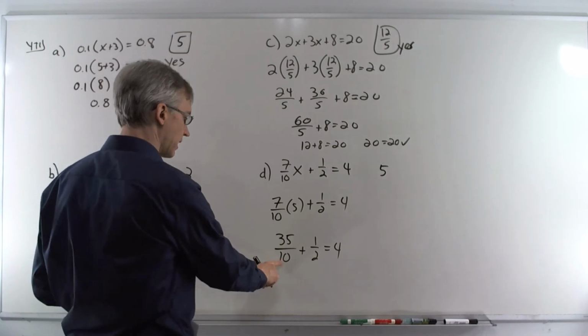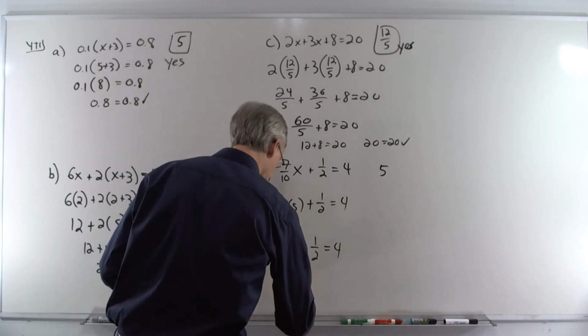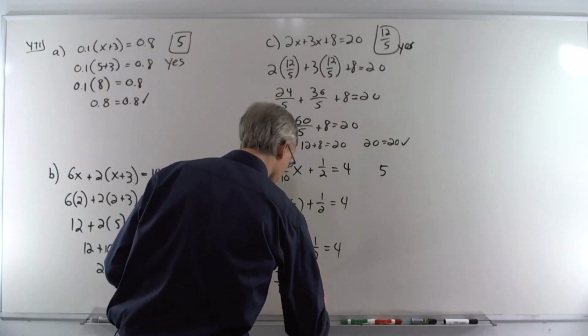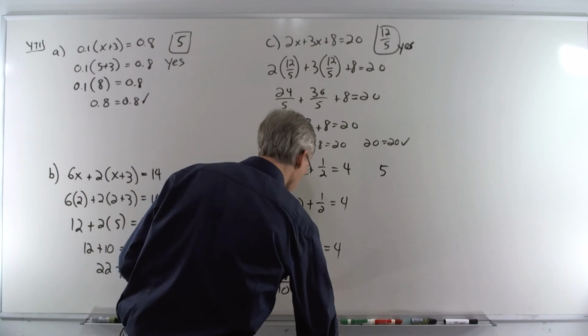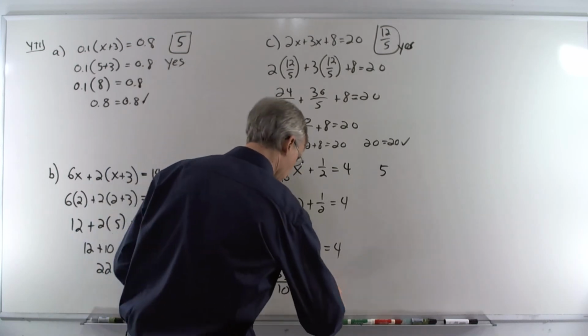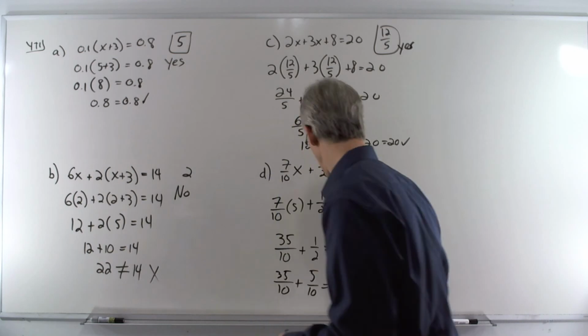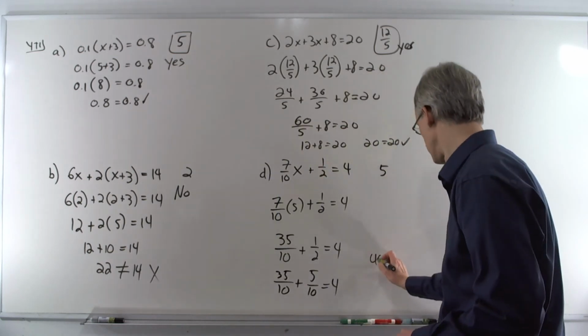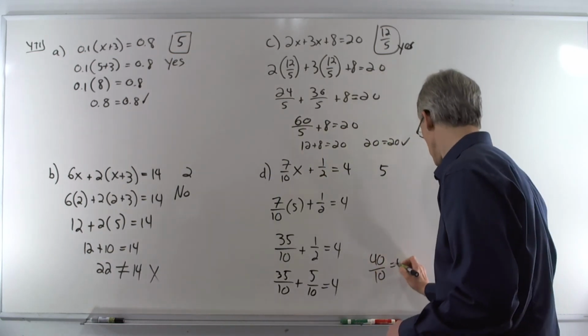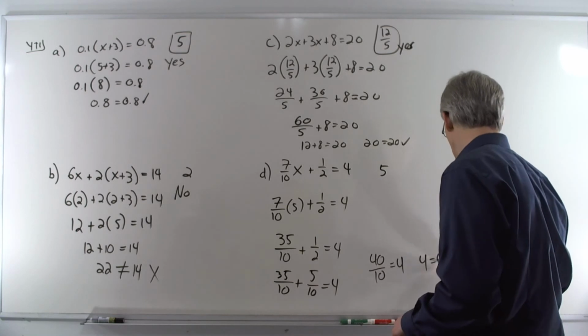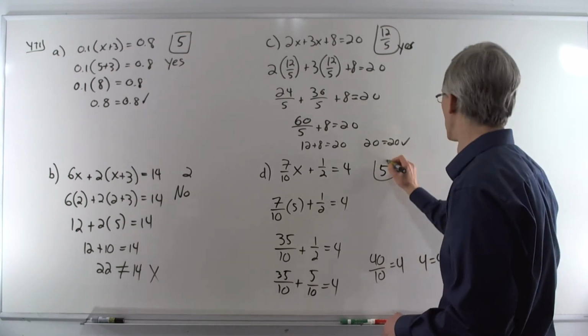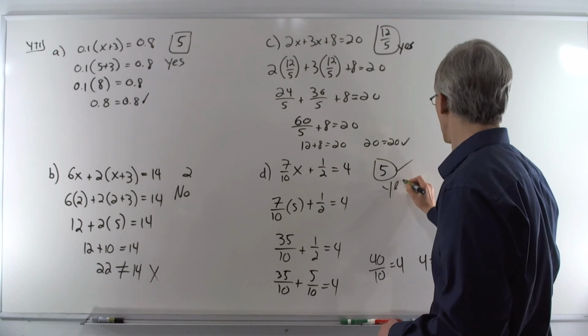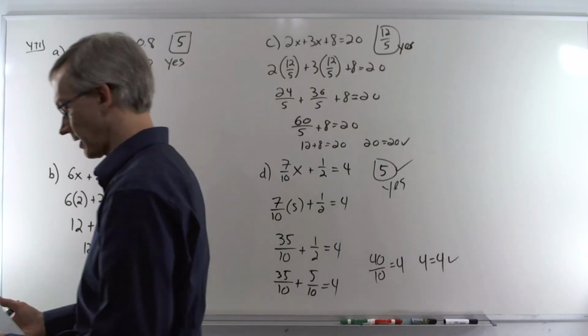Now we can get a common denominator here, so we go 35/10 plus 5/10 equals 4. That's 40/10. Yes, 5 is the solution to that one.